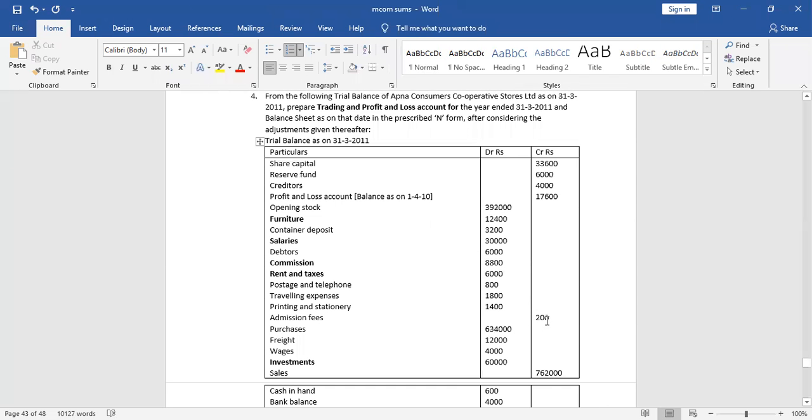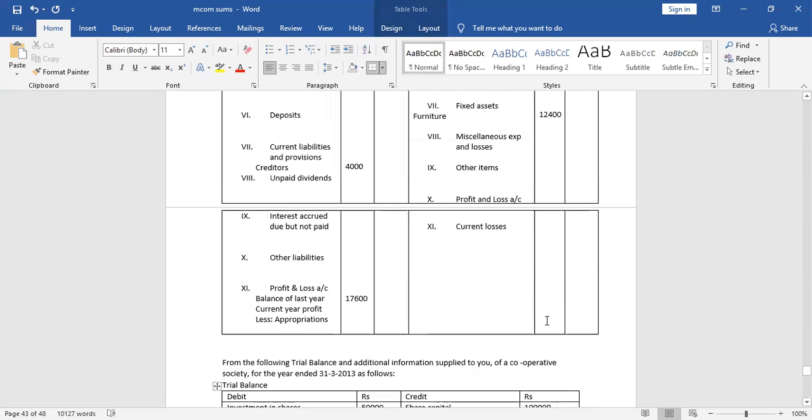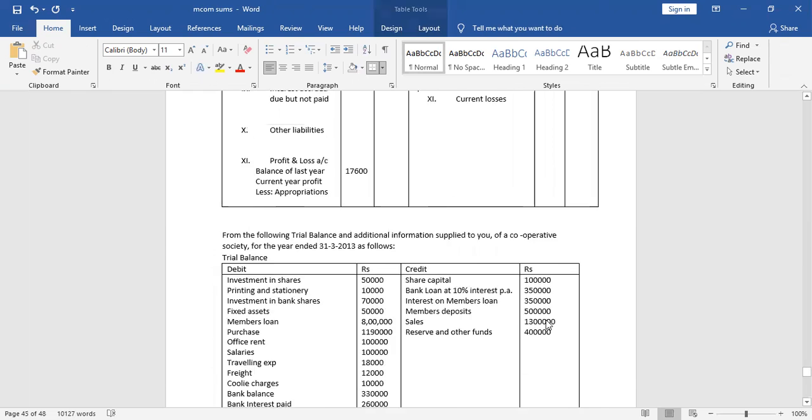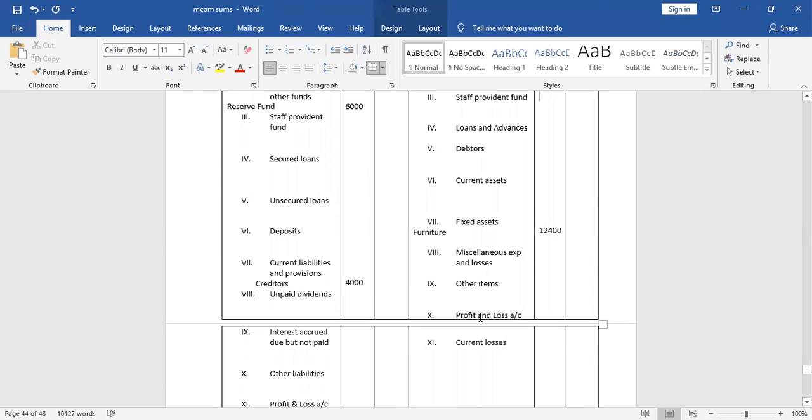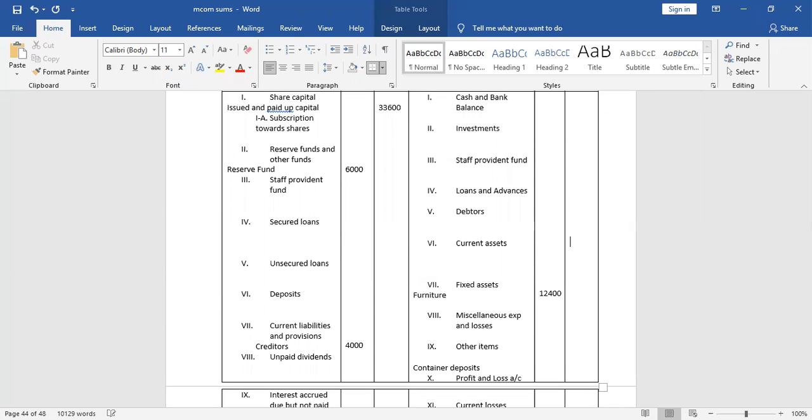We have container deposit, any type of deposit on the asset side, 3,200. We will show it in the other items. So container deposit will come in the other items, 3,200.